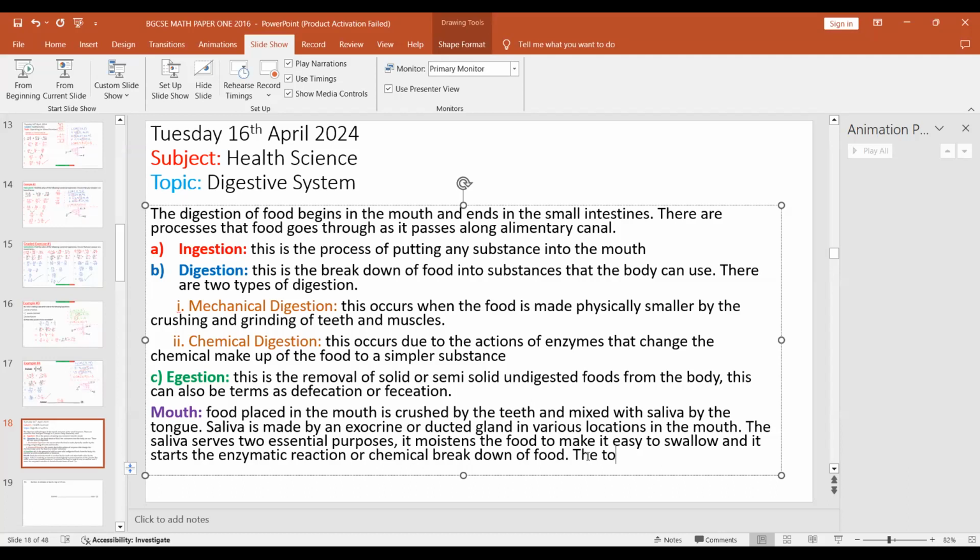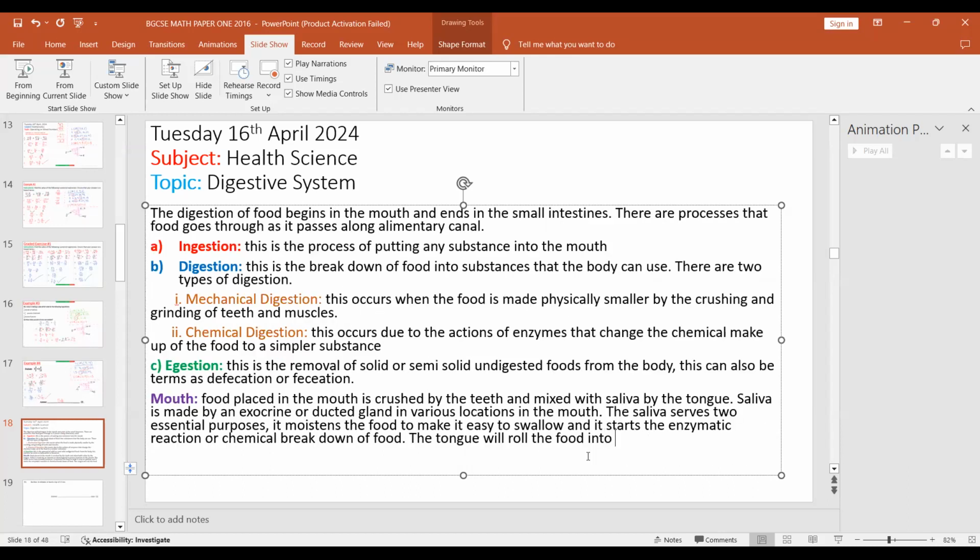The tongue will roll the food into a ball-like structure. Anyone know the ball-like structure that goes down the esophagus?